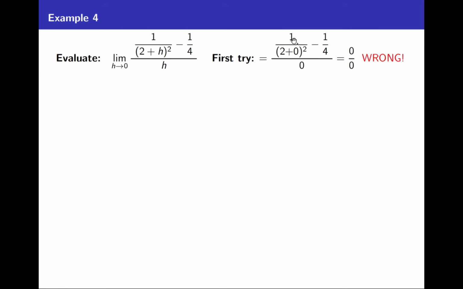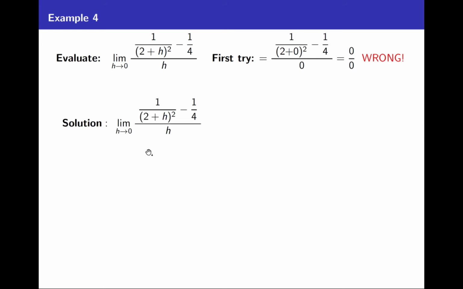That gives us 1 over (2 plus 0) squared minus a fourth, divided by 0, or 0 over 0, which is clearly wrong. The problem, of course, is that you have this h in the denominator that's approaching 0, so you're getting a 0 in the denominator. So what we need to do here is to somehow cancel this h on the bottom before we work out the limit.